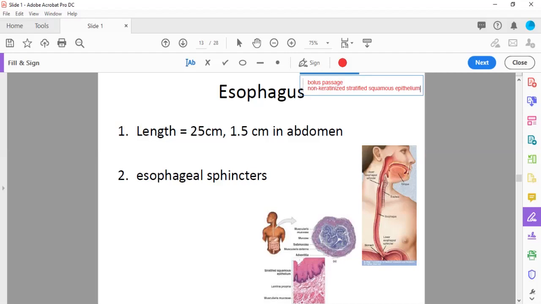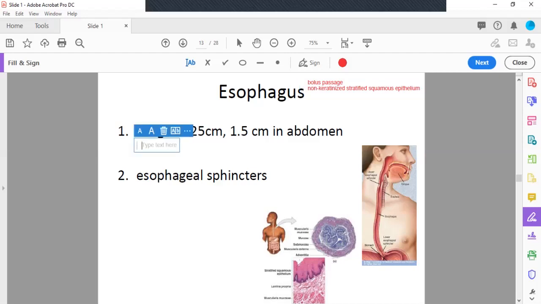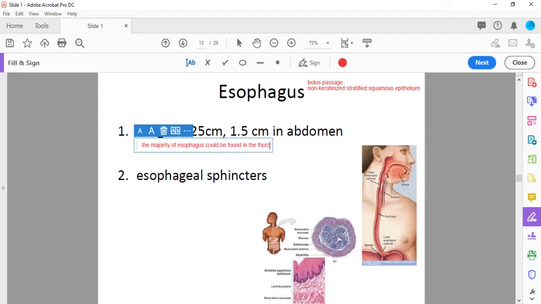The esophagus is 25 centimeters in length. The majority of it is in the thorax. So the majority of the esophagus could be found in the thorax, okay?